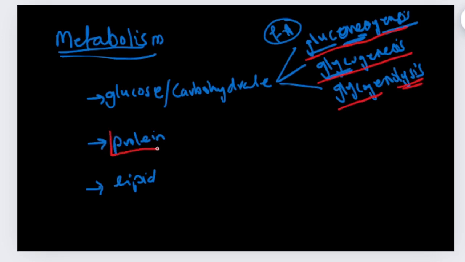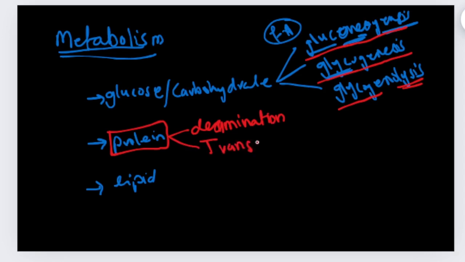Now come to the proteins. In the proteins, what are the things that you can see? First is deamination, transamination, and the third one is the synthesis of plasma protein.